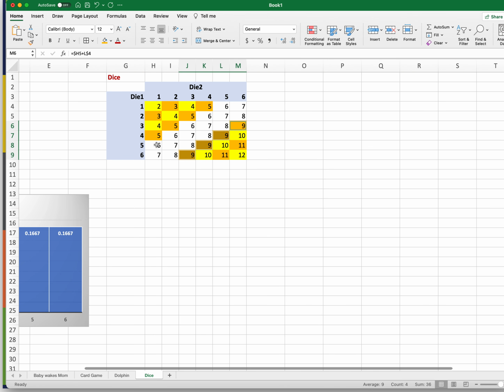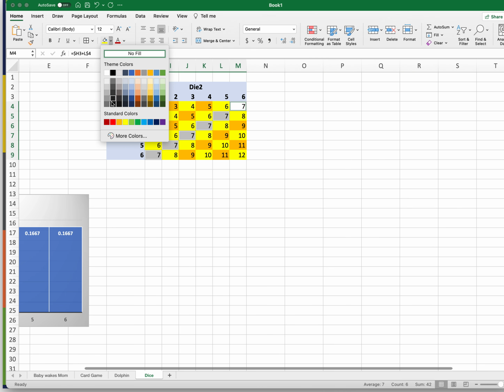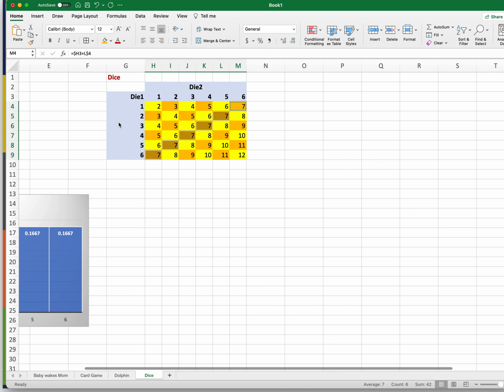And there are 1, 2, 3, 4, 5 ways of getting a 6, and 1, 2, 3, 4, 5 ways of getting an 8. And 1, 2, 3, 4, 5, 6 ways of getting a 7. Well, when I roll 2 dice, it complicates it so much.